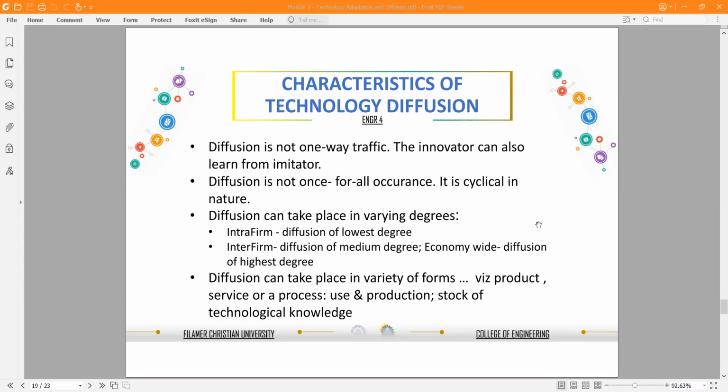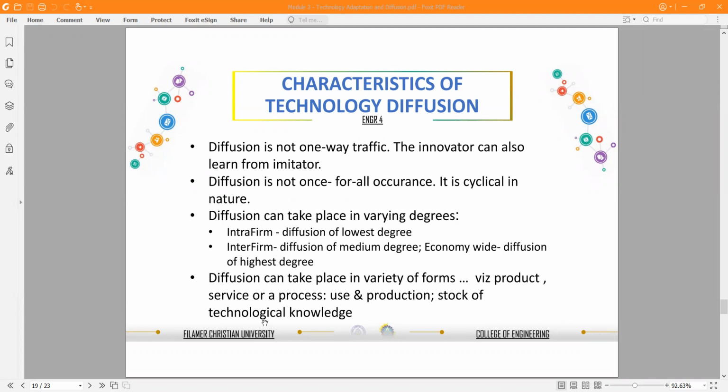When you say intra-firm, the diffusion here is in lowest degree. And when you say inter-firm, the diffusion is of medium degree. And then the economy-wide, the diffusion of highest degree. So tatlo yan. Intra-firm, inter-firm, and we have the economy-wide.